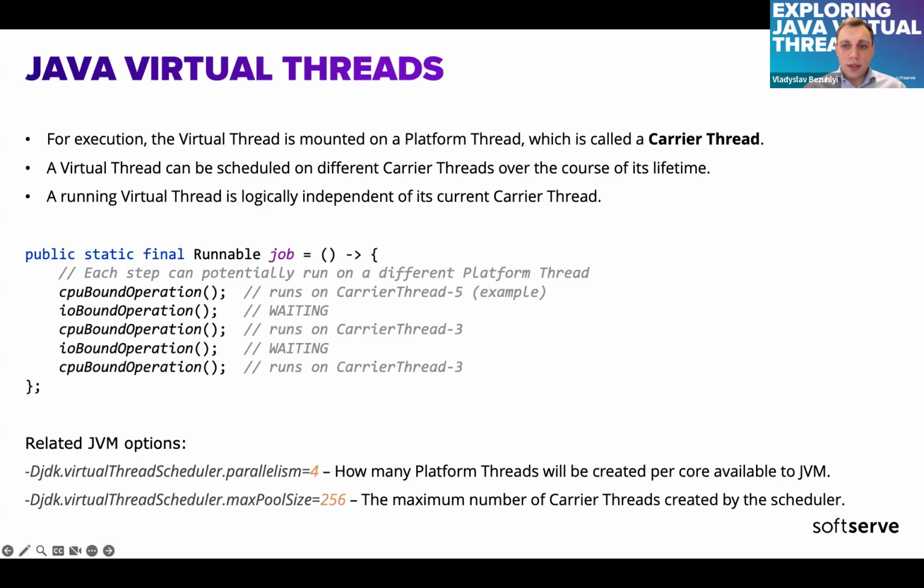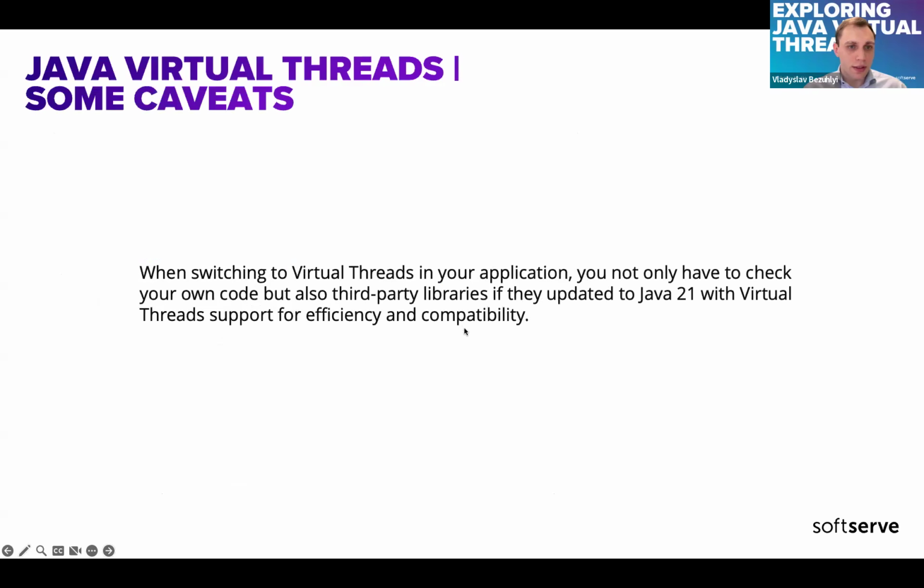So the state of the unmounted virtual thread is preserved on the heap. This allows the virtual thread to be resumed later when the blocking condition is resolved. Like in this case, after waiting, it resumes, but on a different carrier thread.